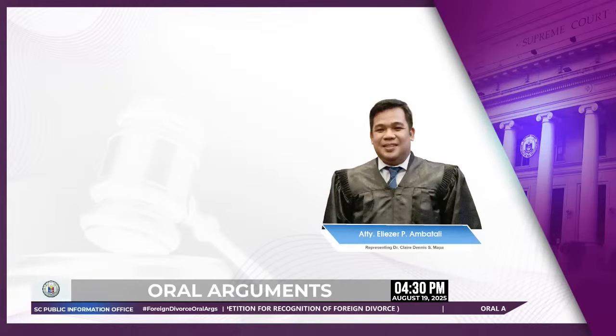In conclusion, we say that at the time the divorce was obtained, both parties were still Filipinos. Under Orbisido, what matters is their citizenship at the time of the foreign decree, not at the time of marriage. Based on the facts of the case, the divorce was obtained by one of the spouses even prior to his naturalization as an American citizen.